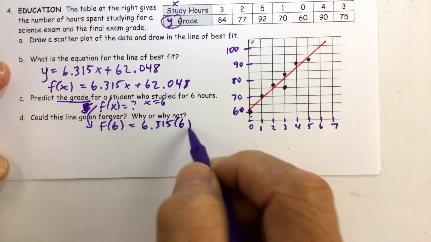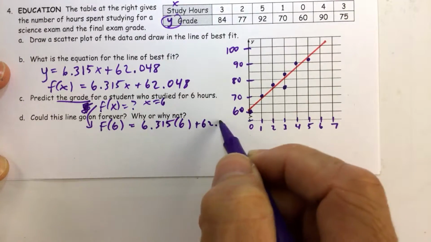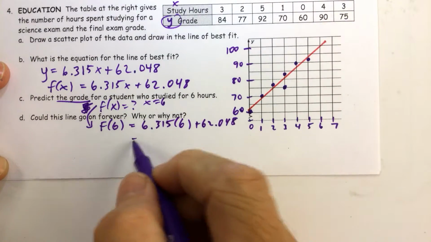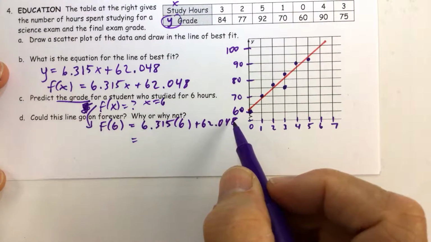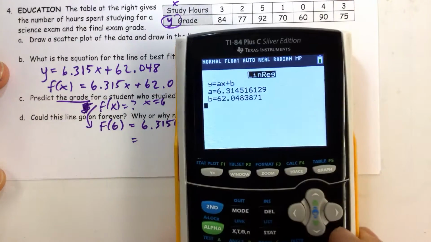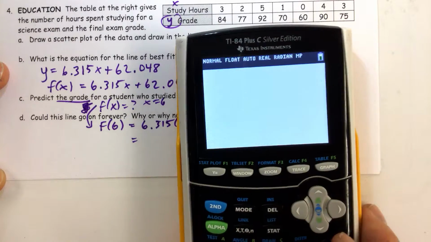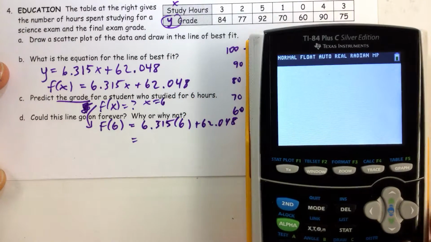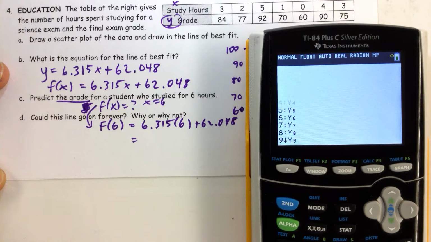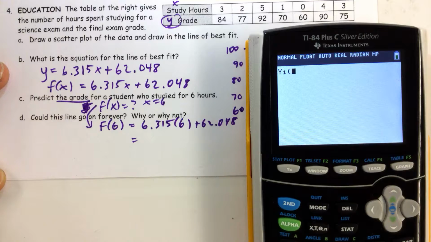F of 6 equals 6.315 times 6 plus 62.048. We don't want to just type this in because we already have this function stored in y1. So we want to recall that by typing in Y1: vars, Y variables, function mode, Y1, enter, and then a set of parentheses.